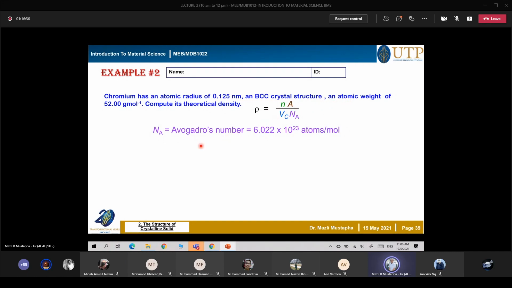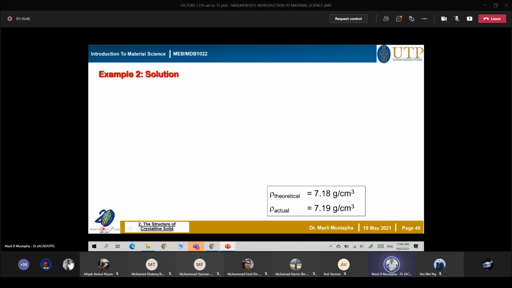I hope we go through it, but I want one of you to please check the answer, because sometimes I make mistakes. For the BCC, we know from just now that the radius is given as 0.125, A is given as 52 grams per mole, and N is not given, but we know that body-centered cubic should have 2 atoms per unit cell.